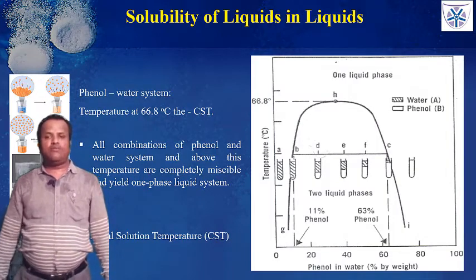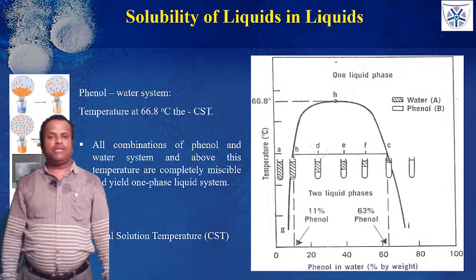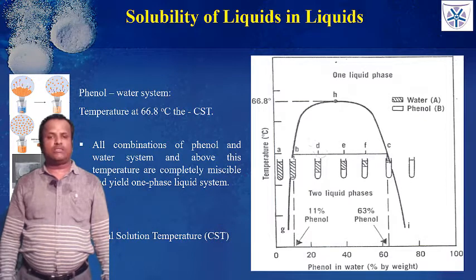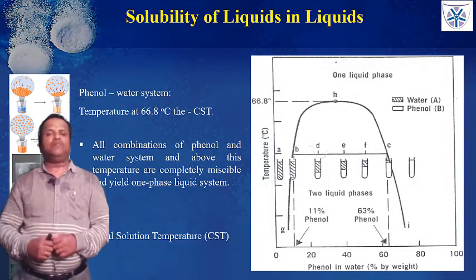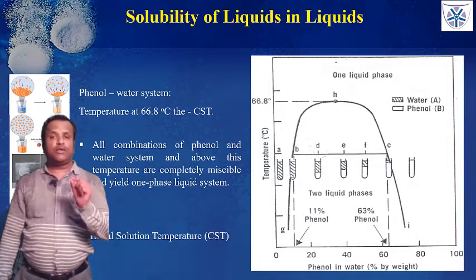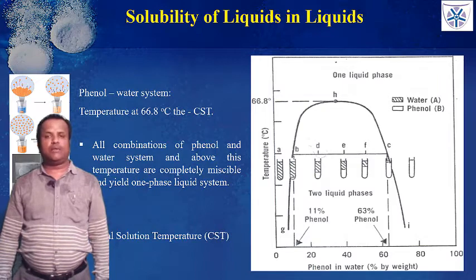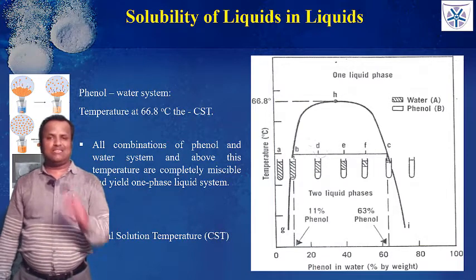Here the phenol water system is shown again. These are all the combinations of phenol and water, and above this temperature they are completely miscible and yield a one-phase liquid system. That is the important concept of critical solution temperature in the overall system.